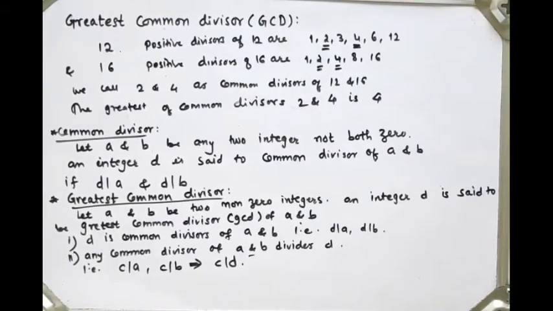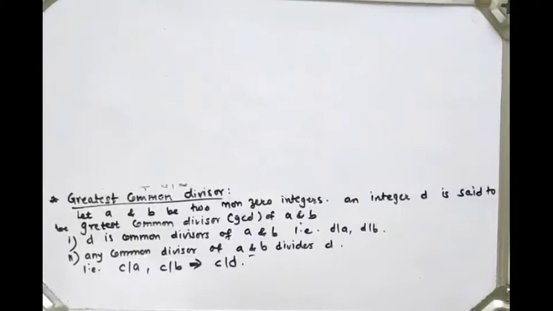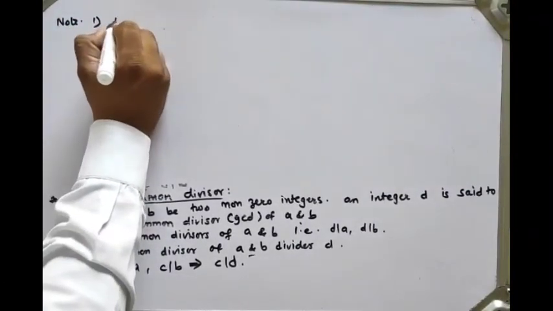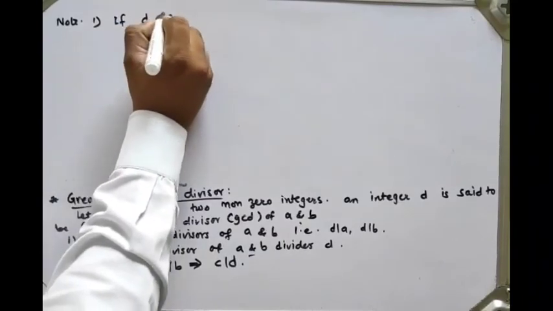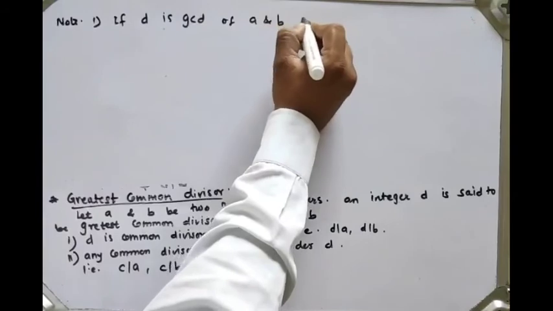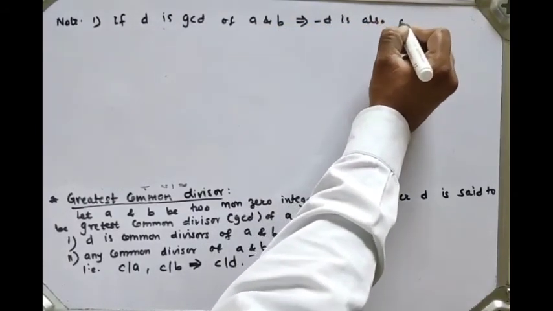Let's see a note. Write down the note. First, if D is a GCD of A and B, then minus D is also a GCD.